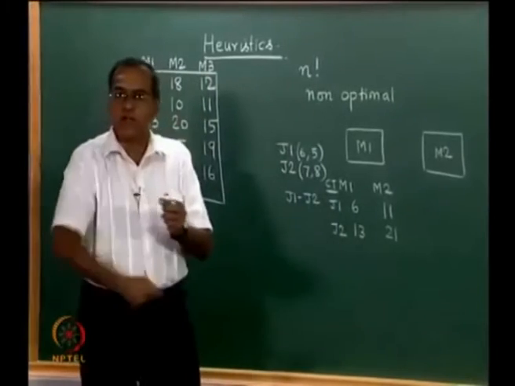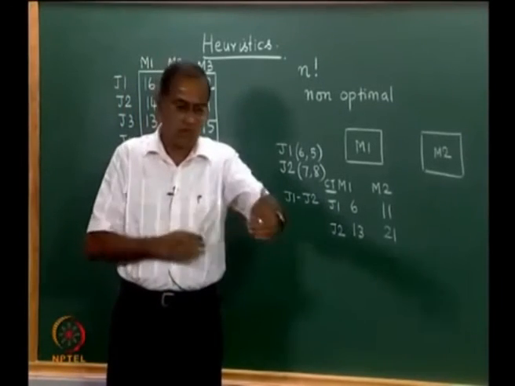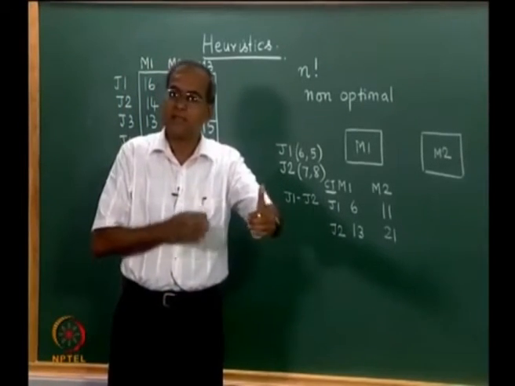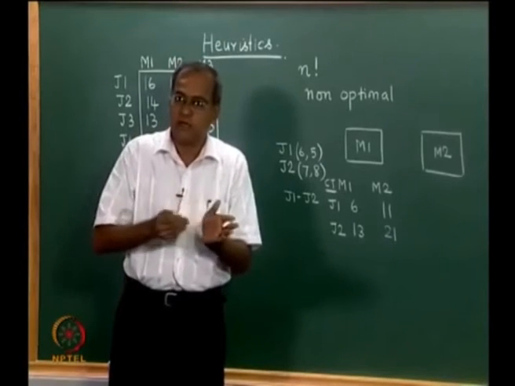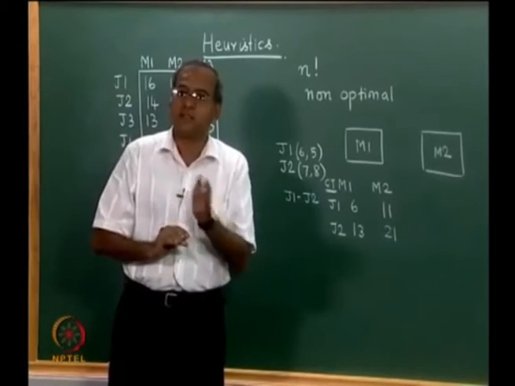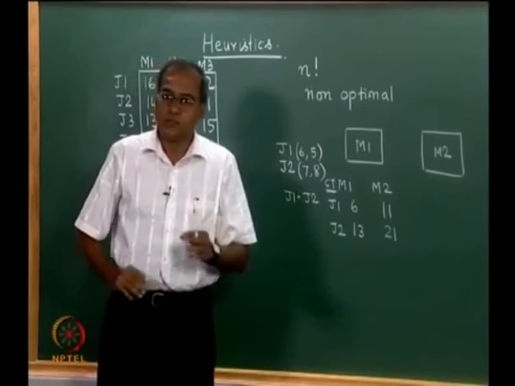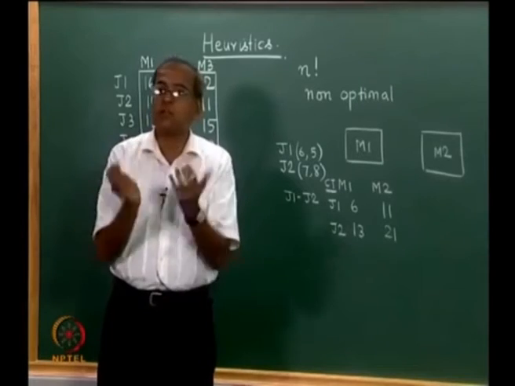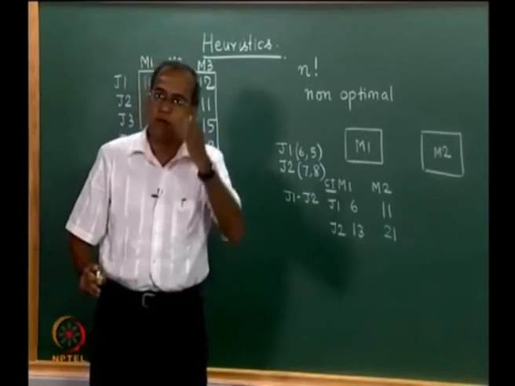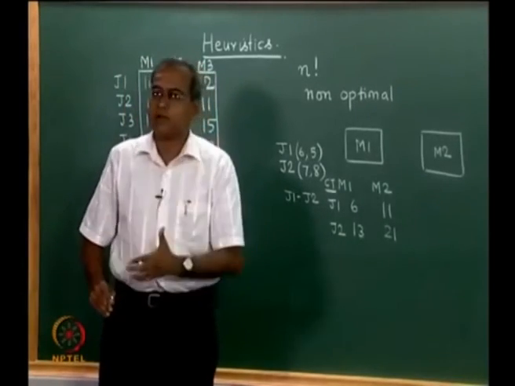One out of the n factorial will be optimal for the first machine, and the same one is chosen such that it is optimal when we consider all the machines. So we reduced the feasible solution space from n factorial to the power m to n factorial.